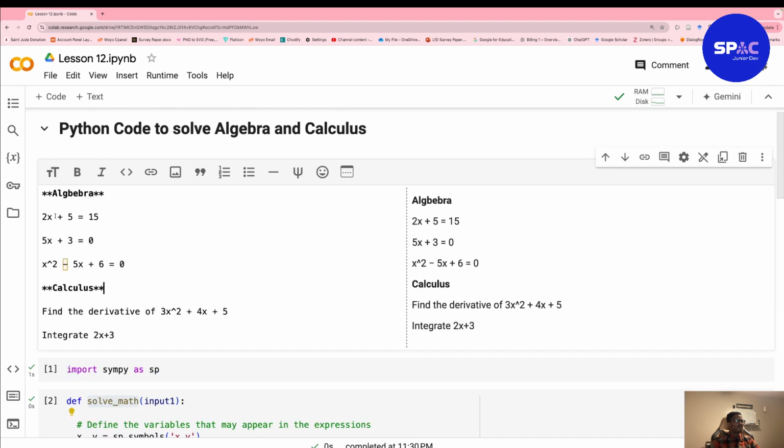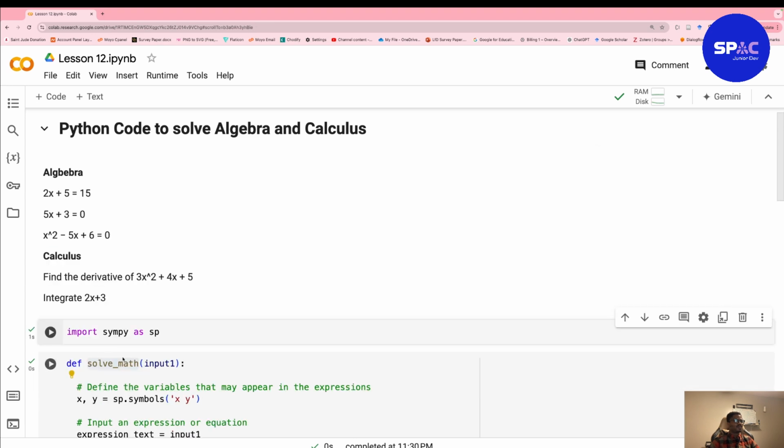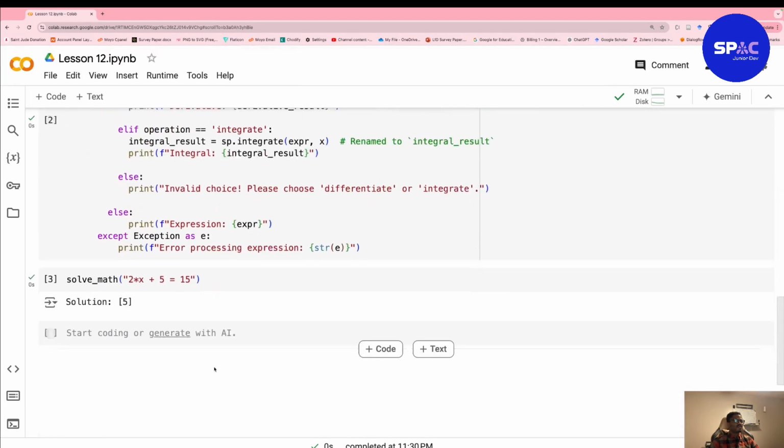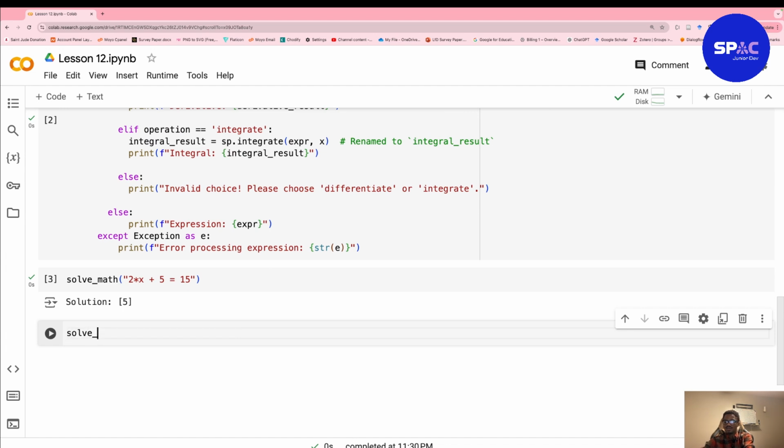Then there's another one that we have here. So let's say we have another one, but I have to call my solve math equation function again, any name you call your function. If I run it this way, it will throw an error because it needs multiplication here.